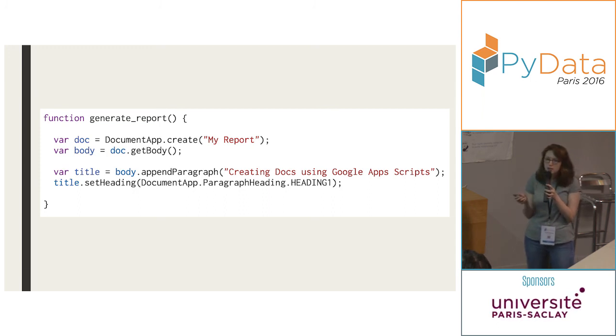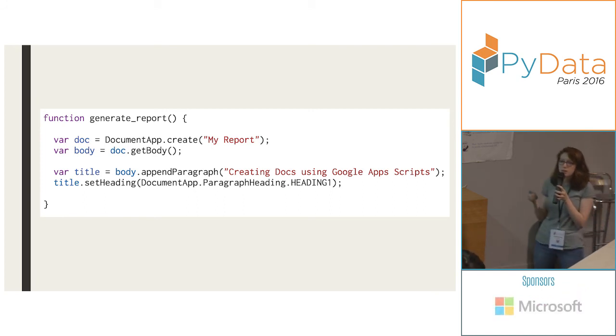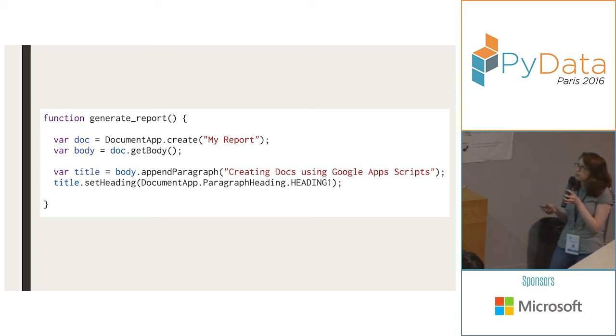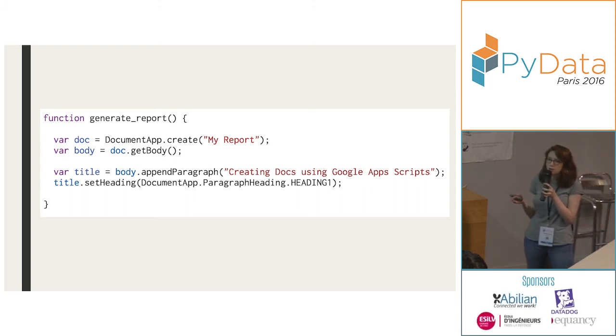Actually, the underlying structure of a Google document is very similar to an HTML page. So we've got a bunch of elements, and we can insert elements within these elements. The main class is DocumentApp. DocumentApp.create lets me create my own Google document. I can also use this to edit and open Google Documents.